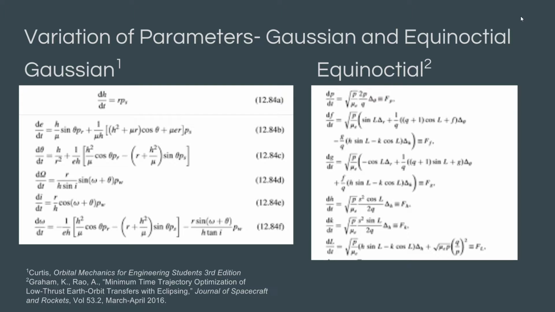Equinoctial elements are a modification of the Gaussian elements, where the first term is based off of the semi-major axis and the eccentricity of the orbit, and the rest of the parameters are largely based off of the true anomaly, the right ascension of ascending node, the inclination, and the argument of perigee.